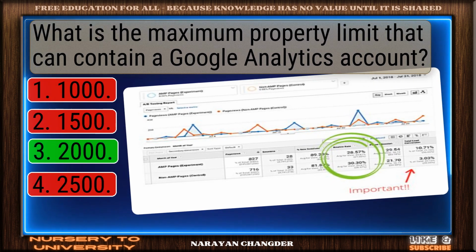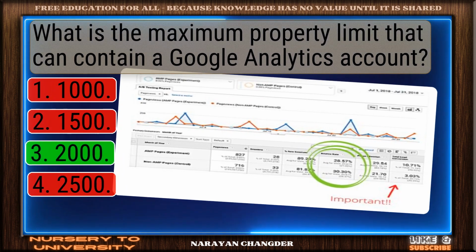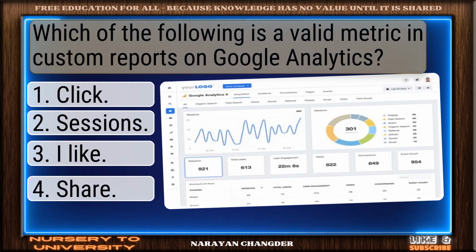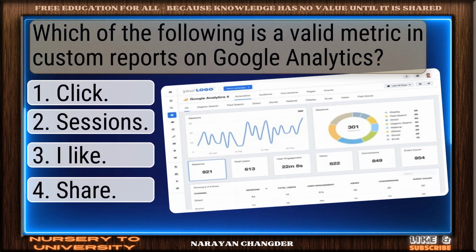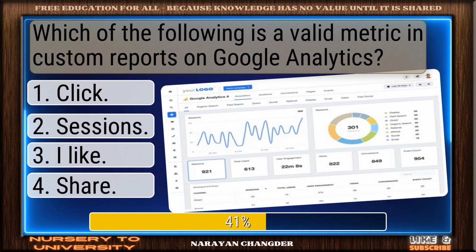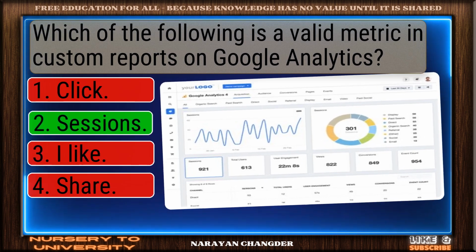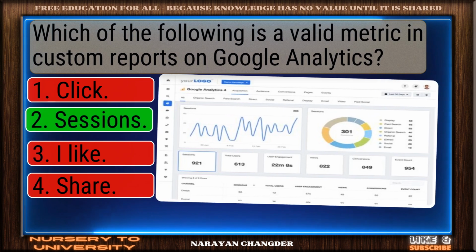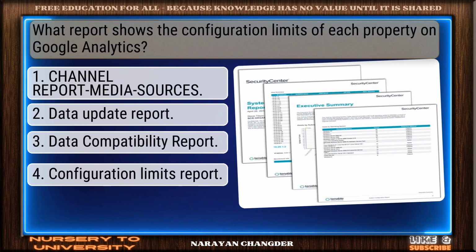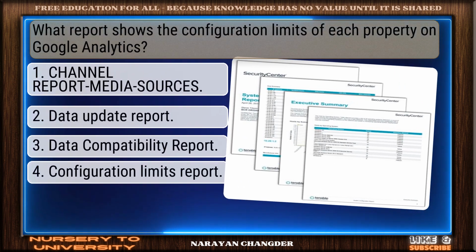You got it! Your choice 2000 fits well. Which of the following is a valid metric in custom reports on Google Analytics? Well picked. Sessions is the correct answer. What report shows the configuration limits of each property on Google Analytics?